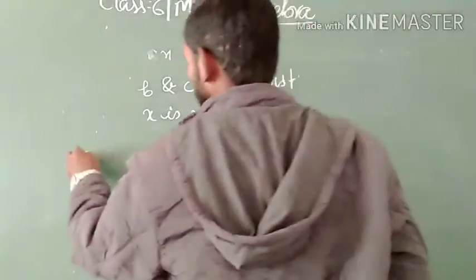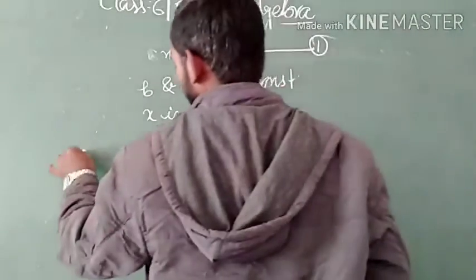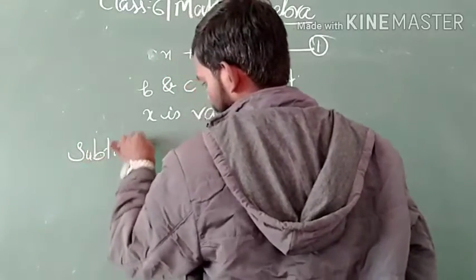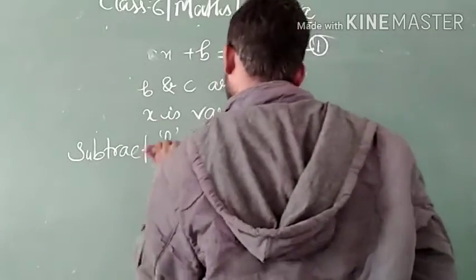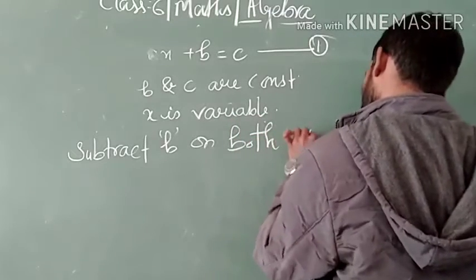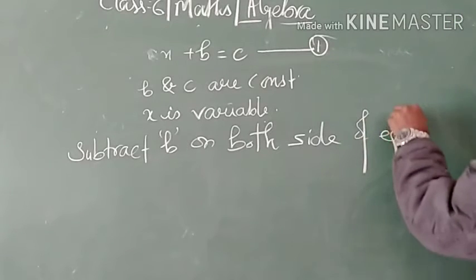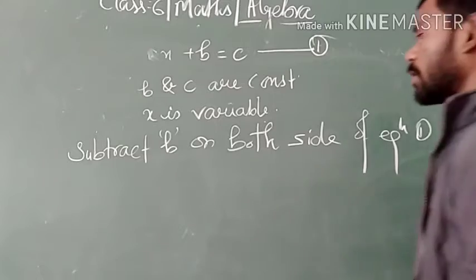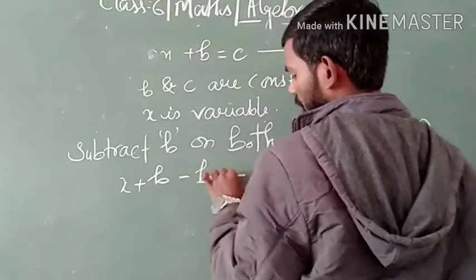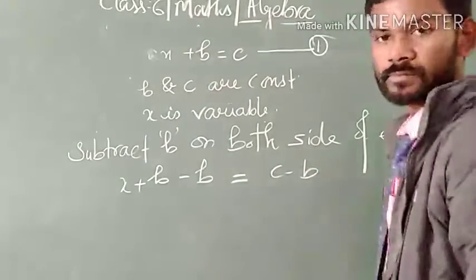So here we write, you can suppose that this is equation 1, we shall write subtract b on both sides of equation 1. So here we get x plus b minus b is equal to c minus b.